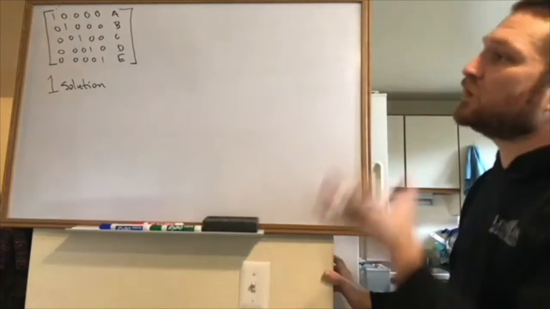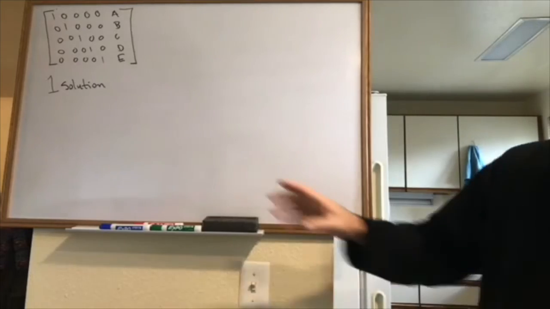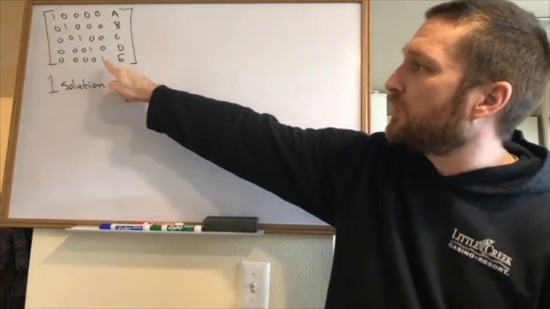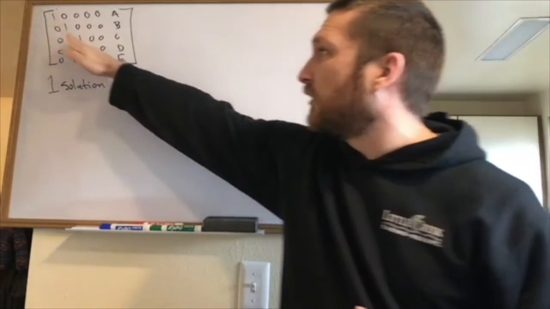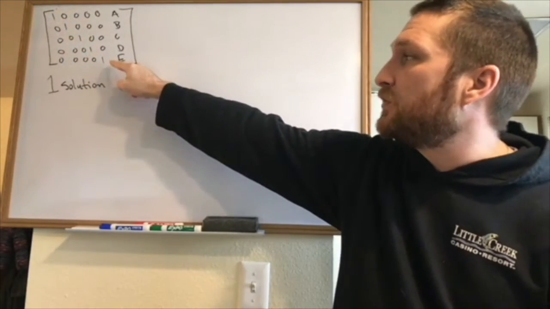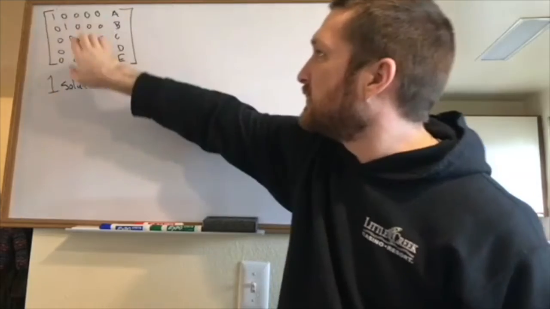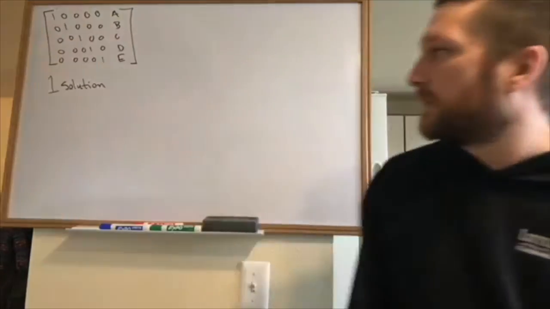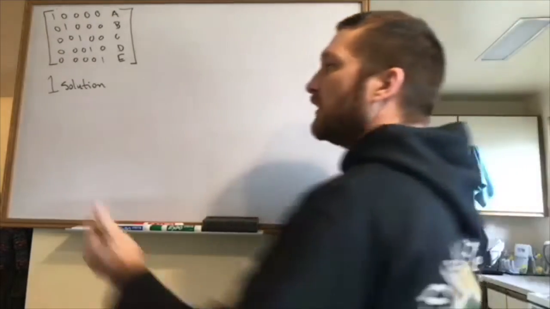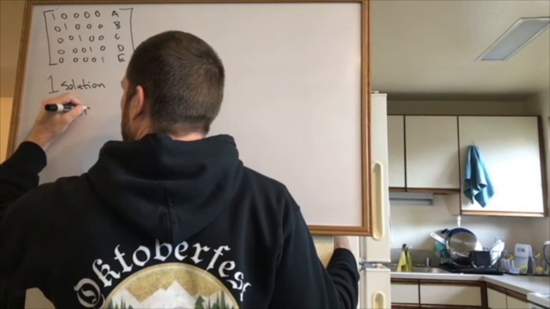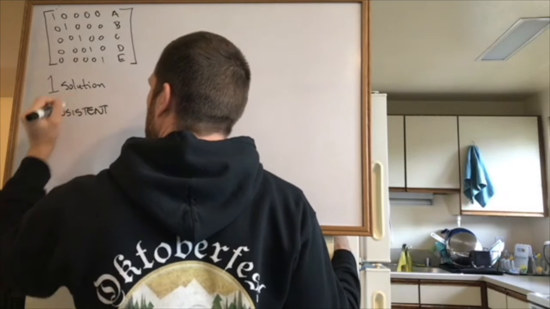And it's what happens when you row reduce your matrix and you get this nice diagonal of ones right there. As soon as you get that, you can always back solve and clear out that part right there. One solution, we call this a consistent system.